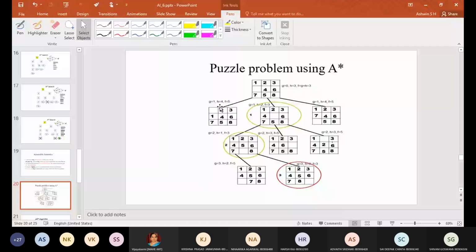That H value you can calculate. So here I have got H 4, here I have got H 2, and here I have got H 4. So calculate the function F. The F value here is coming 3, this is 5, this is 5.